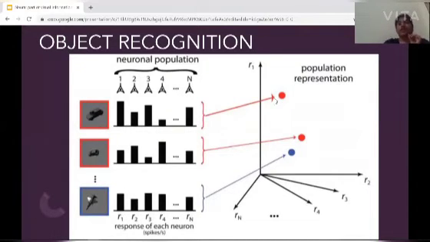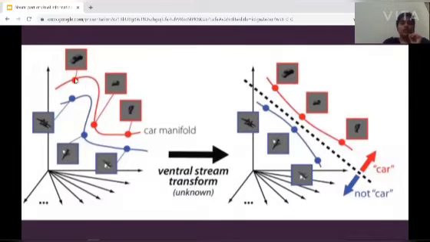So, on seeing the visual input, based on the activity of the neurons, a vector representation in a very high-dimensional space is obtained, where each axis could be thought of as the neuronal response of each neuron. After applying several transformations, a low-dimensional manifold of points, basically a continuous surface, is obtained.